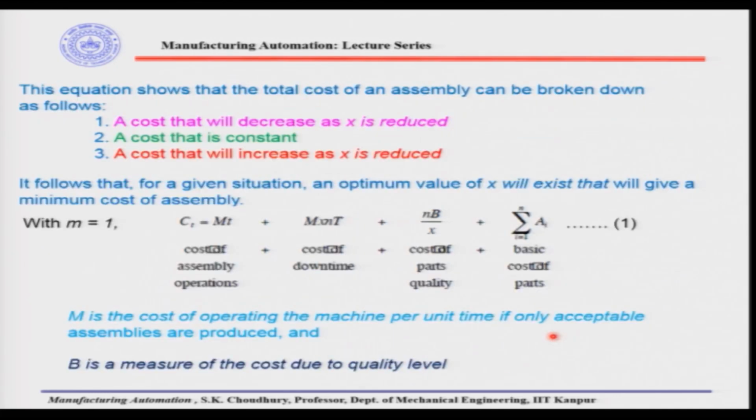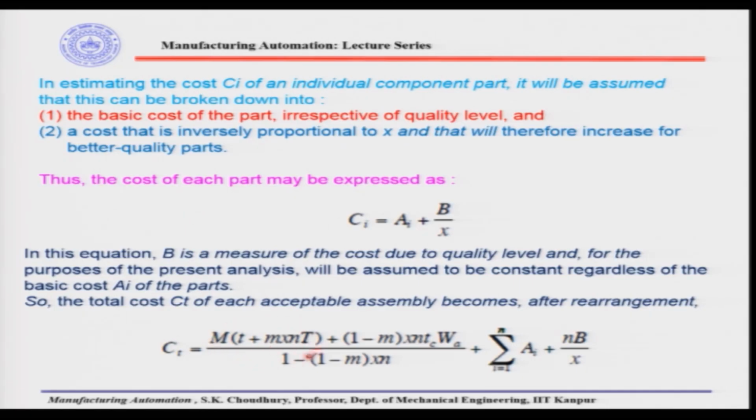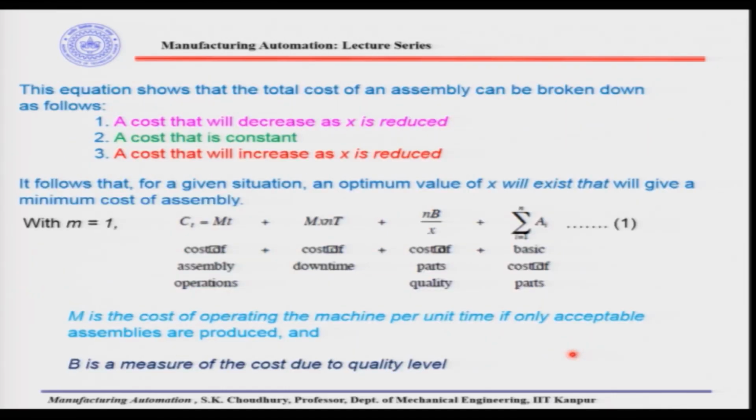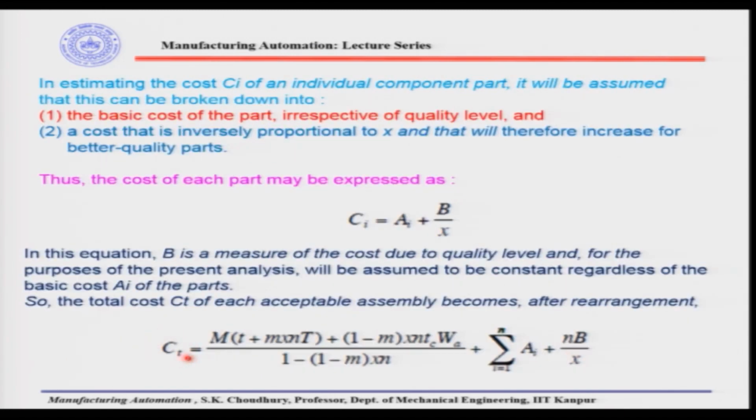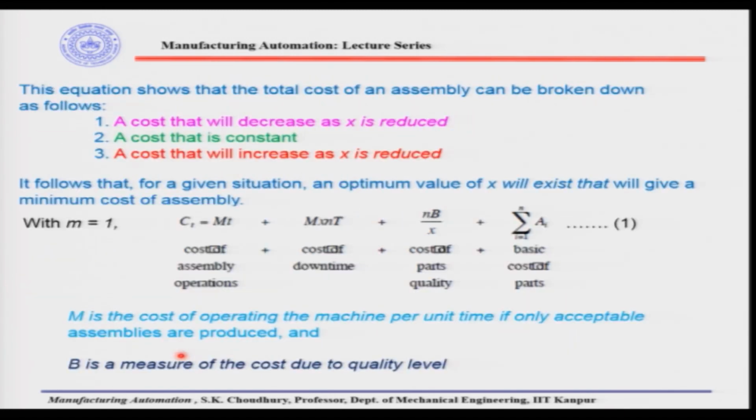So, there are three different causes we can find out, and it follows that for a given situation an optimum value of x will exist that will give a minimum cost of assembly, obviously. Since in this equation the reduction of x is reducing this, reduction of x has no effect here, and reduction of x is increasing this.